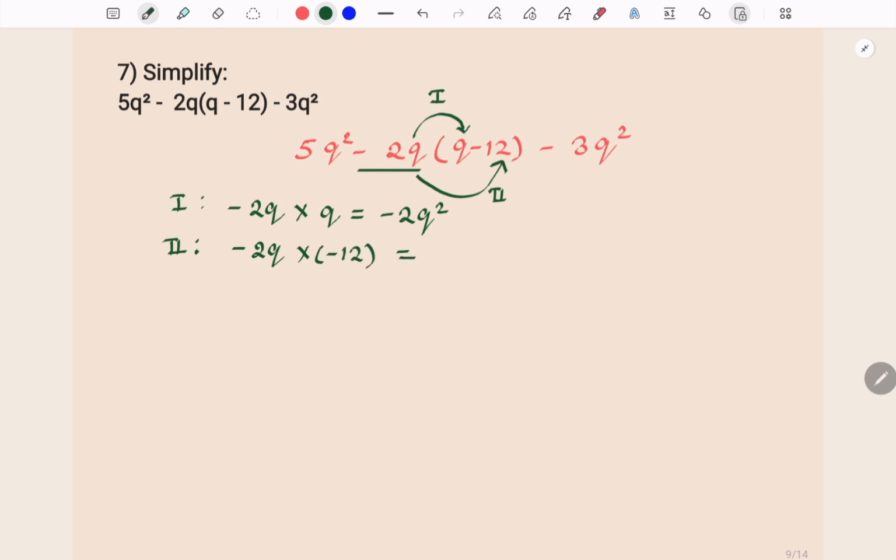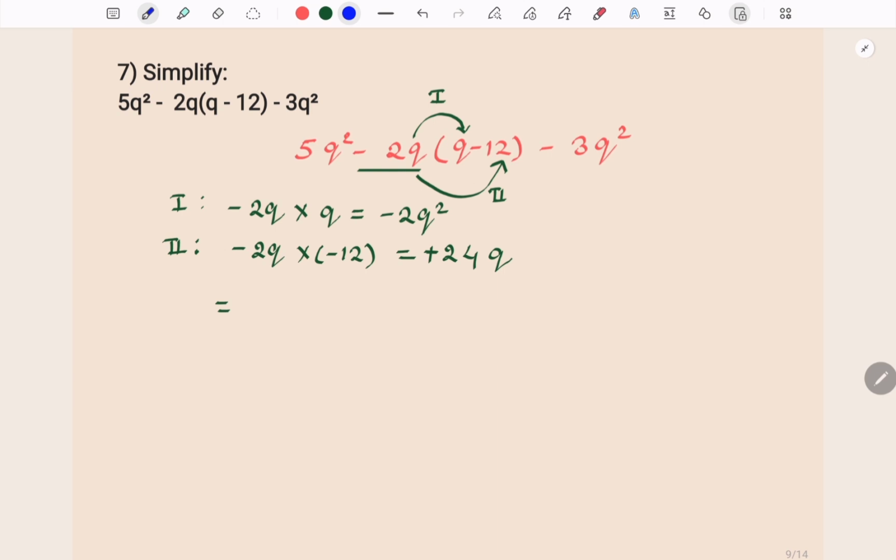Minus 2q multiplied by minus 12 gives plus 24q. Once I am done with the bracket multiplications, I will now write all the terms with their appropriate sign.